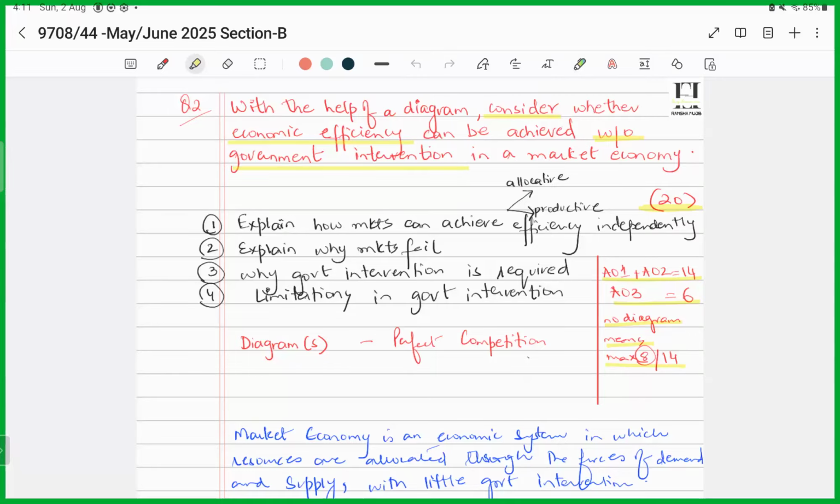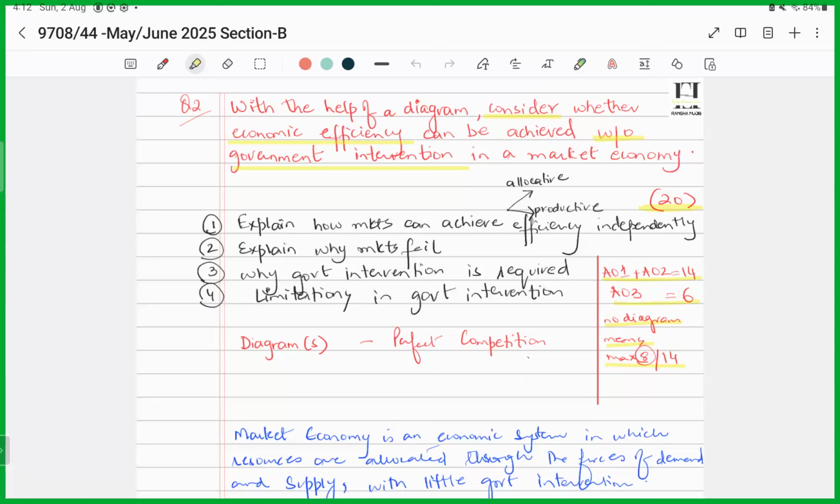That means the maximum marks they could get was 8 out of 14 as far as assessment objective 1 and 2 was concerned. So, whenever you are asked by the examiner to produce a diagram, they are actually assessing how well you have understood or deduced the relationship between the variables they are discussing in the question.